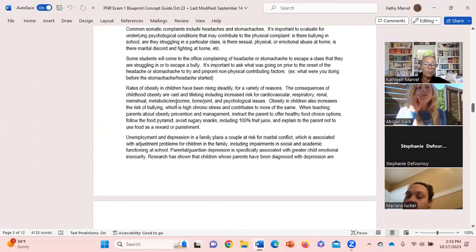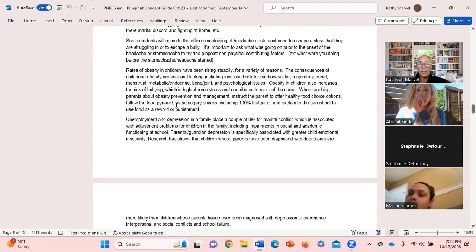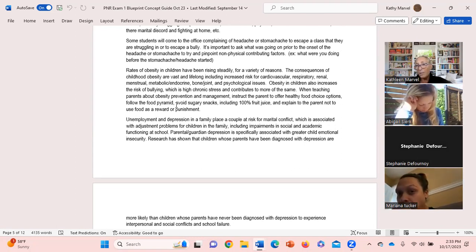Okay, school nurse also addresses obesity. Okay, why are obesity rates rising steadily? What can we do as school nurses? What can we do to teach the kids prevention strategies and what lifelong effects there are from obesity?